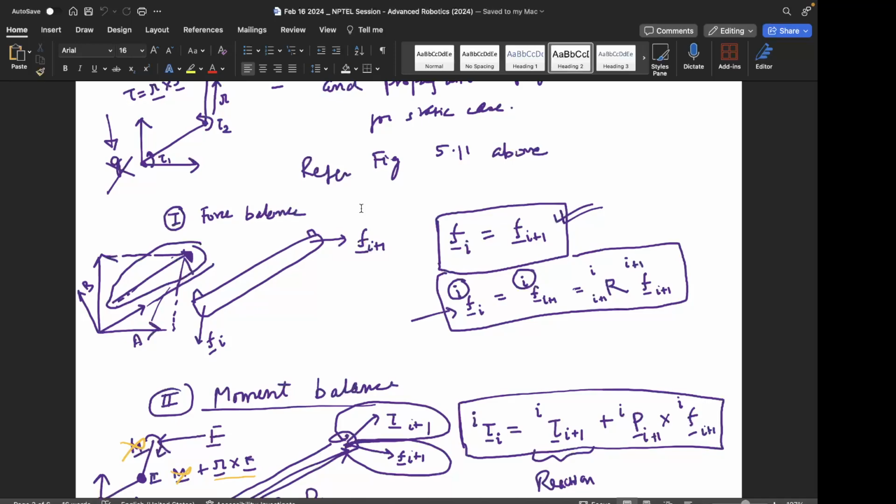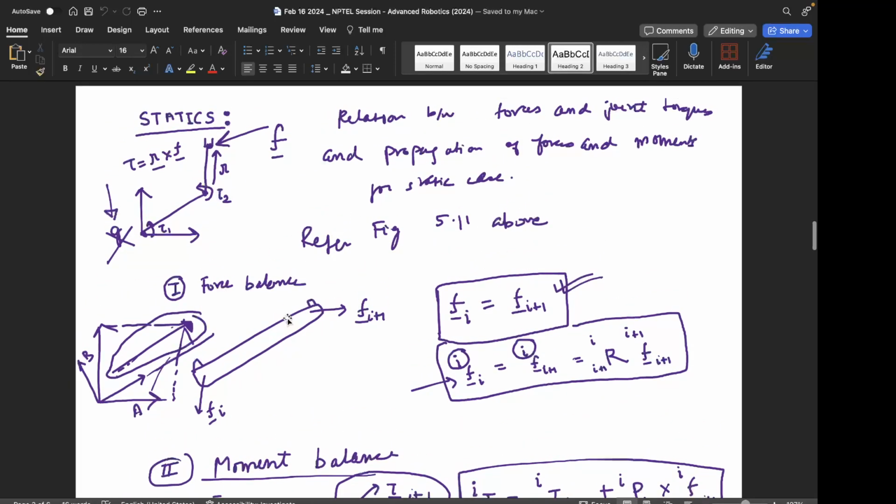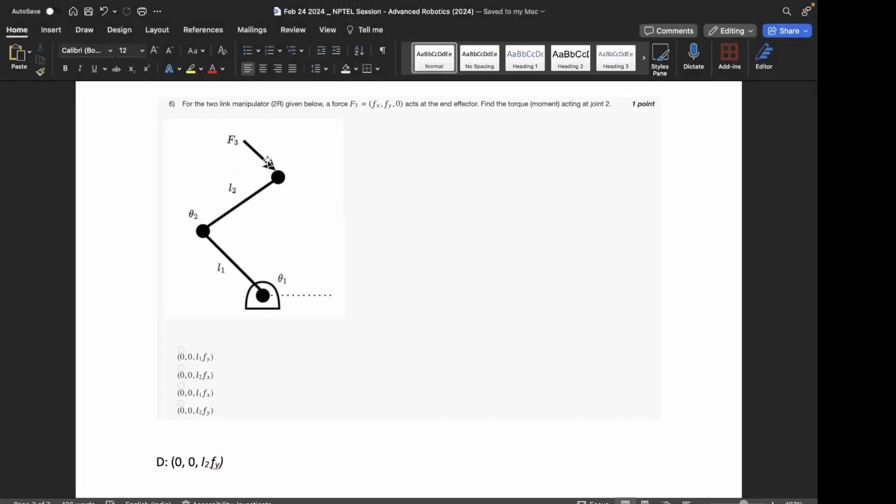Okay, so what I'm saying is, let's use this picture as a reference. If F3 is acting on link 2, right? So the reaction force that will be acting here at this joint would have to be in the opposite direction of F3, right? In order to balance it.